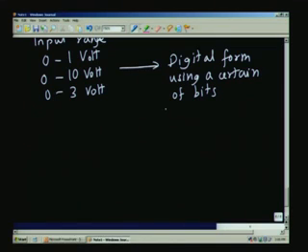So, it is a binary output. For example, I can take a simple A to D with a small number of bits, just to understand what is going to happen. Suppose I take a 4-bit ADC, easy to understand.